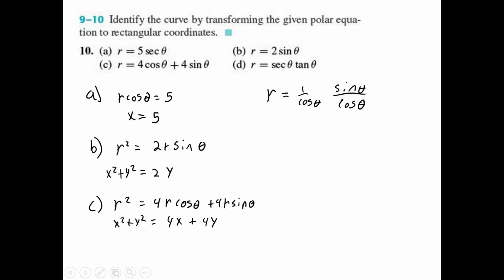And then if we multiply both sides by the cosine squared, we will get r cosine squared of theta is equal to the sine of theta.